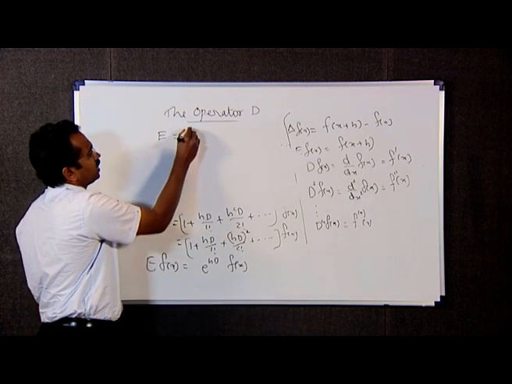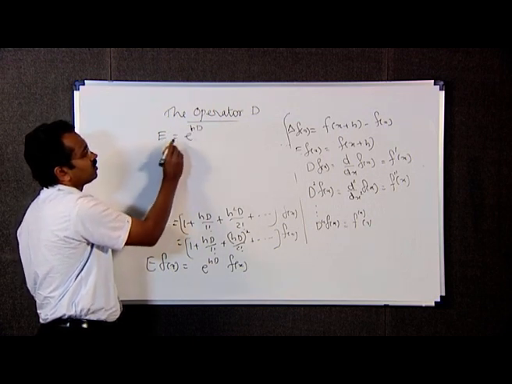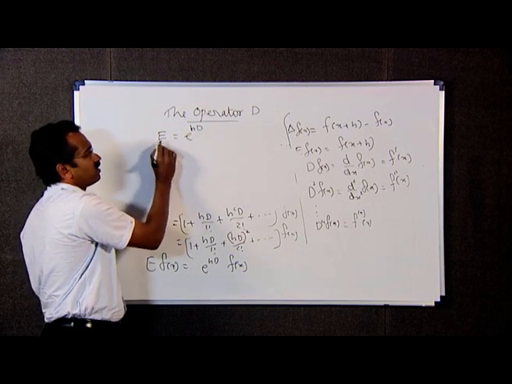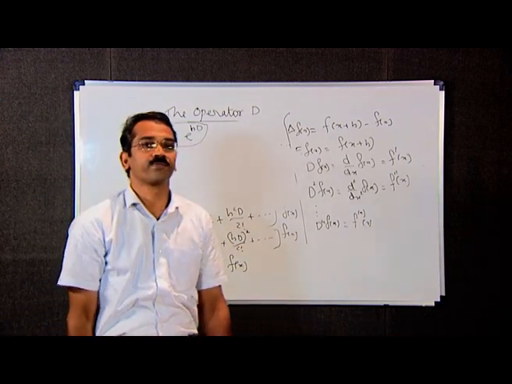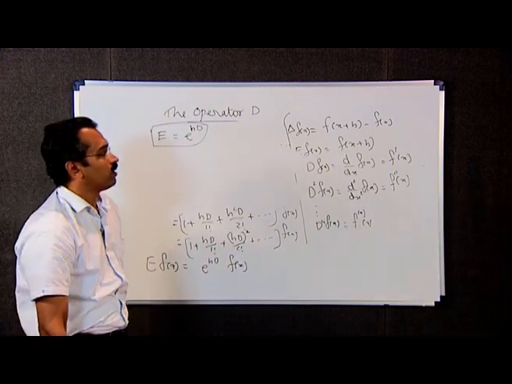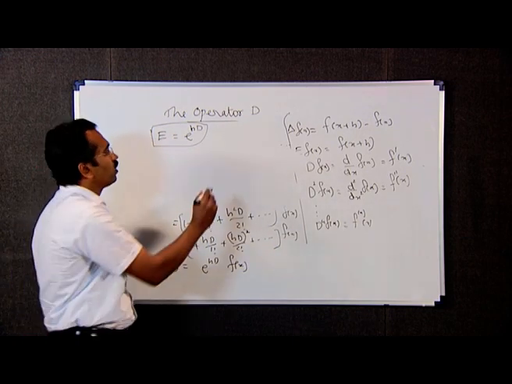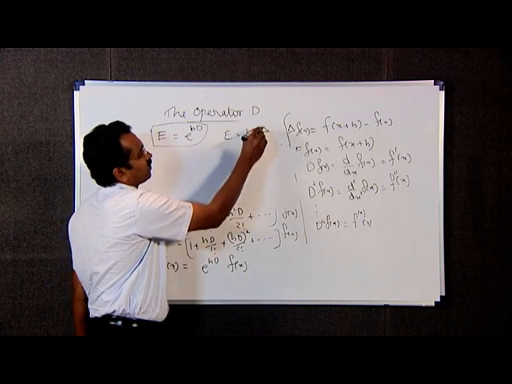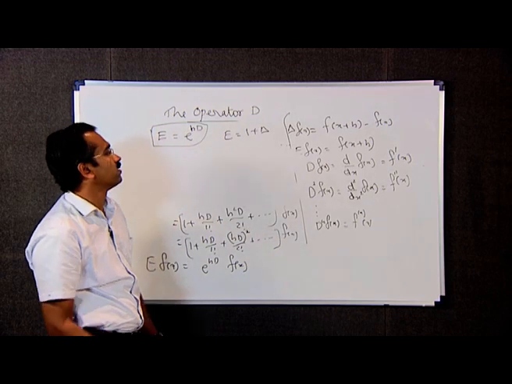E is equal to e raised to h D, an identity connecting the operator D and the shift operator E. Also, we have E is equal to 1 plus delta. We proved this identity in the previous sessions.